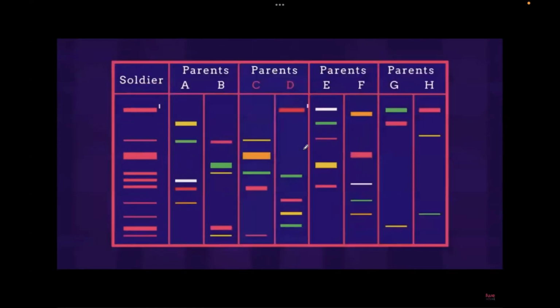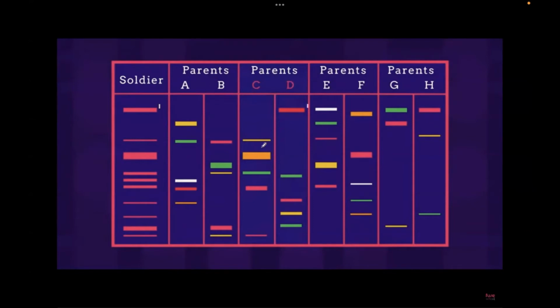Next naman, for example, meron tayong soldier and then gusto niya malaman kung sino yung parents niya. So, yung pattern nun, depending kasi, di ba, 50% of your DNA coming from your mother and 50% coming from the father. So, yung banding pattern niya, meron ka ng dalawang basis. So, depende kung pattern siya sa inyong mother or dun sa father ng soldier pala rather. So, sinong parents ba? Si A, B, parents C, D, E, F, or GH.